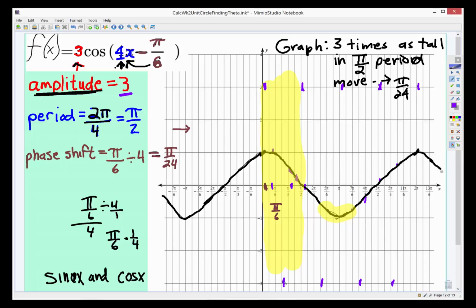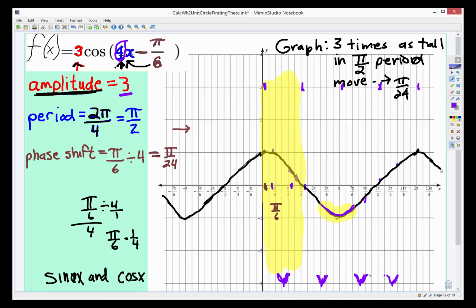And now notice, there's going to be 4 of these. Well, in the parent function, in the normal function, there is 1 of those dips. But in this new transformation, there are 4 of those dips. So the other thing to keep in mind is that when the coefficient to the x is an integer, there's going to be many more waves.